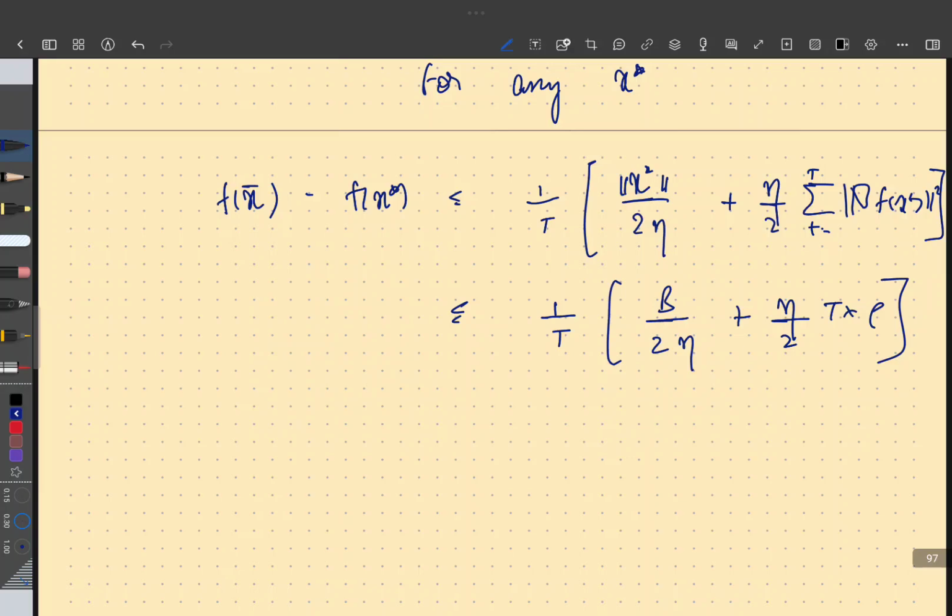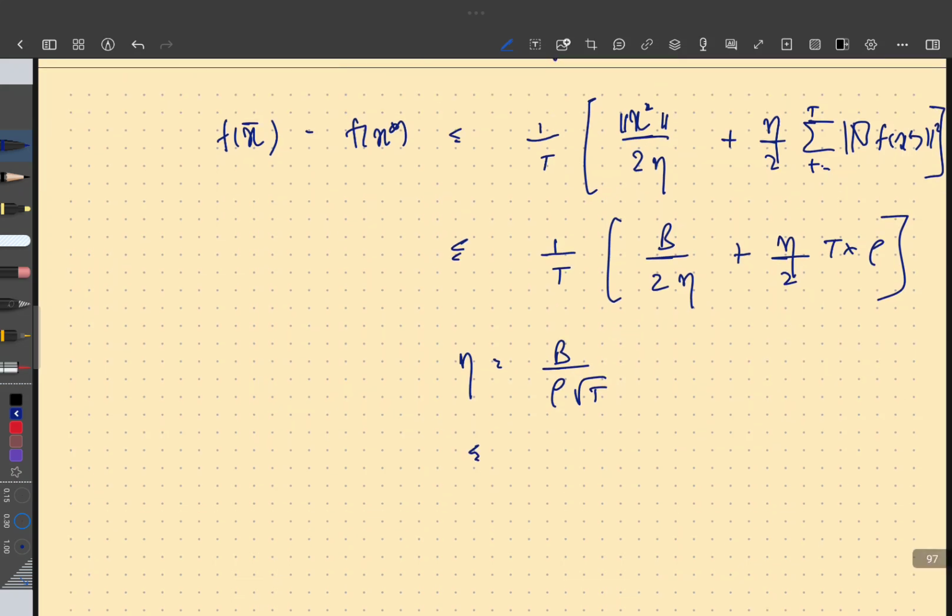Right? So if we choose eta equal to b divided by rho times square root of T, then this is less than or equal to b times rho divided by square root of T.